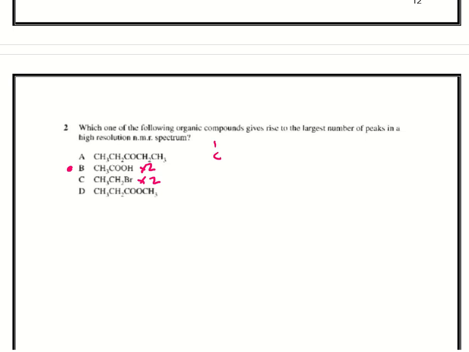Okay, so let me draw that out because it looks like it should give us more than 2. Well, in actual fact, when you draw it out, you will hopefully see that those are equivalent, and the CH2s are equivalent. So that's going to give me 2 peaks as well. So let's hope it's D, otherwise we're in trouble here.